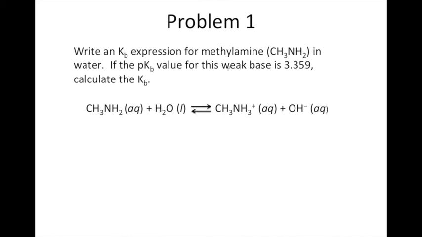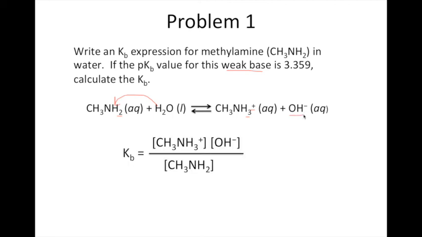Methylamine is a weak base, so it will accept a proton. Here you can see we've gone from NH2 to NH3 plus. Remember your charges. The water will donate a proton, and so we would form hydroxide. Now we can write a Kb expression, with the concentration of the products divided by the concentration of my reactant, without water included.